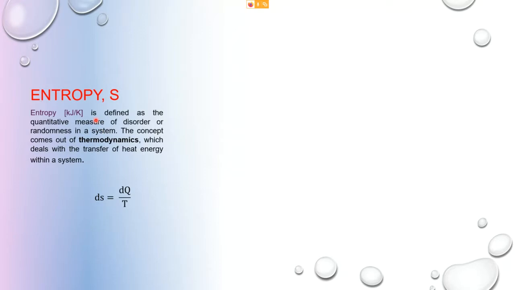Entropy is defined as the quantitative measure of disorder or randomness in a system. For example, in a solid, usually the molecules are arranged in order. But when you refer to gases, the molecules are not arranged in order.